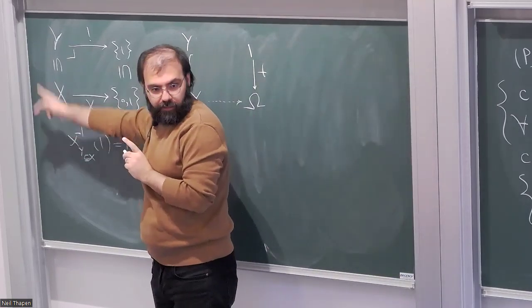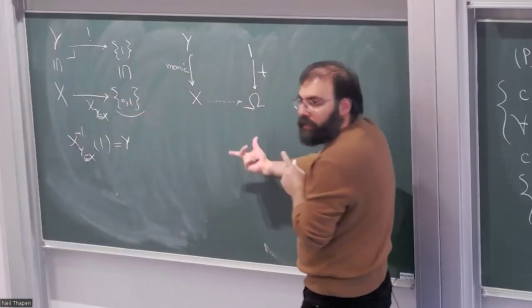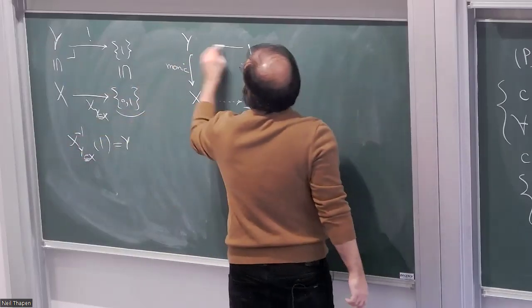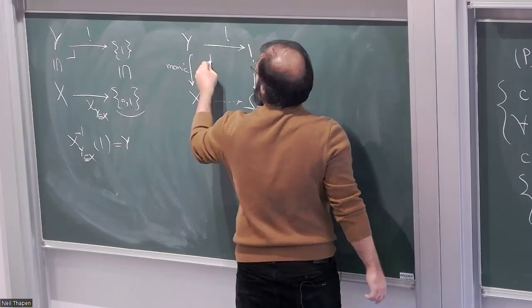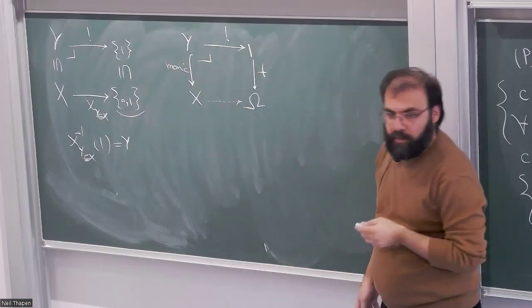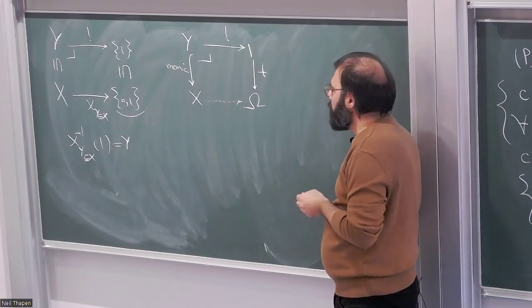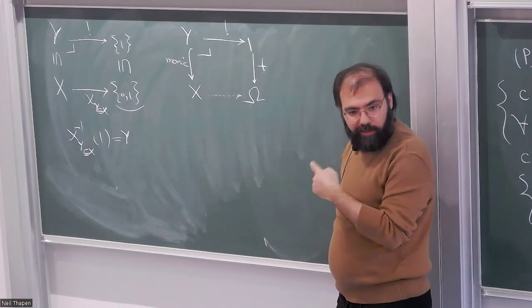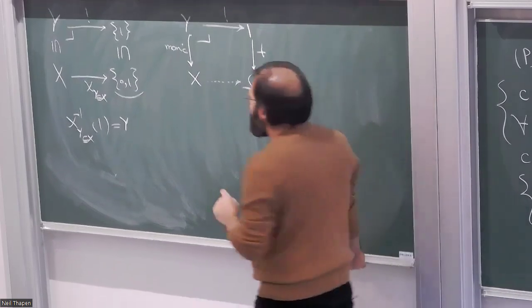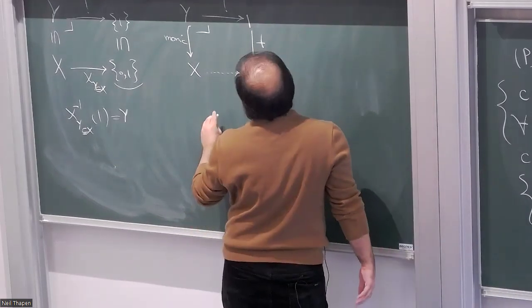It's determined by the subset. There is a unique map such that this square is a pullback. So this is the thing that I can write in a formal way.